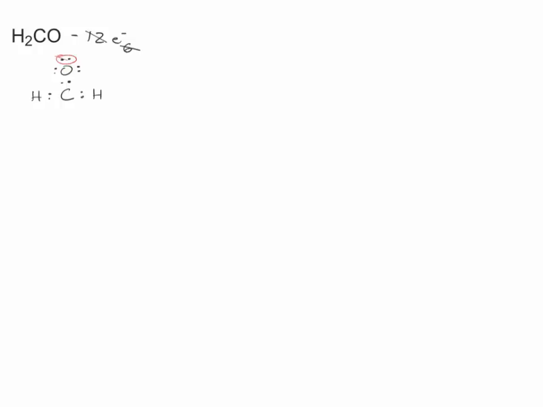Instead of being a lone pair on the oxygen, we're going to move it into a position sharing that pair with the carbon, so that both of them get to see those 2 electrons. That therefore makes a double bond. And now carbon sees 2, 4, 6, 8 electrons, and the oxygen sees 2, 4, 6, 8 electrons. The octet rule is satisfied for everything.